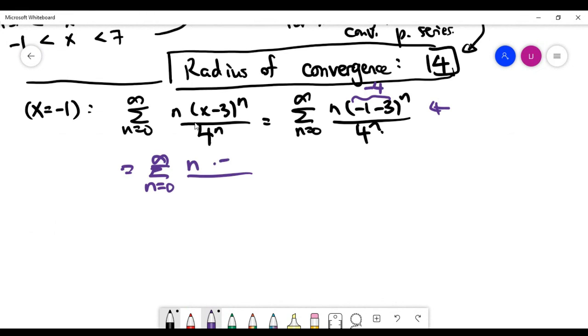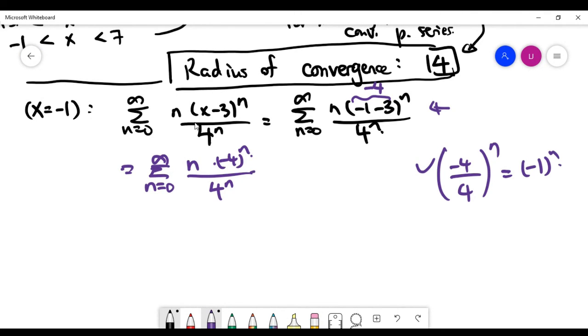The top is n times minus 4 to the power n, and the bottom is 4 to the power n. And please recall that minus 4 to the power n divided by 4 to the power n, we can make it look like this. And it means this term is basically minus 1 to the power n, right? And so let me write it down as a simplified way for this big power series. So basically what you have is minus 1 to the power n times n, right?